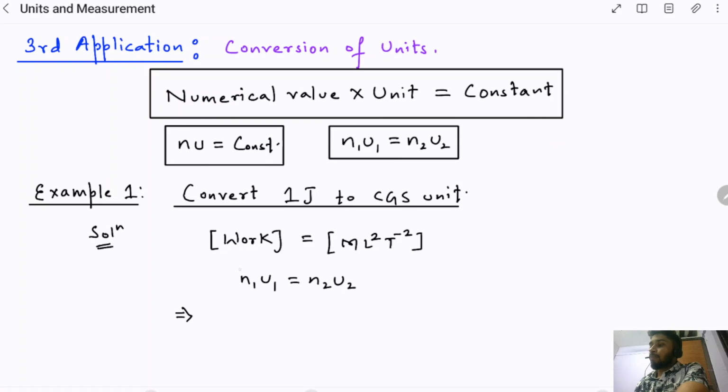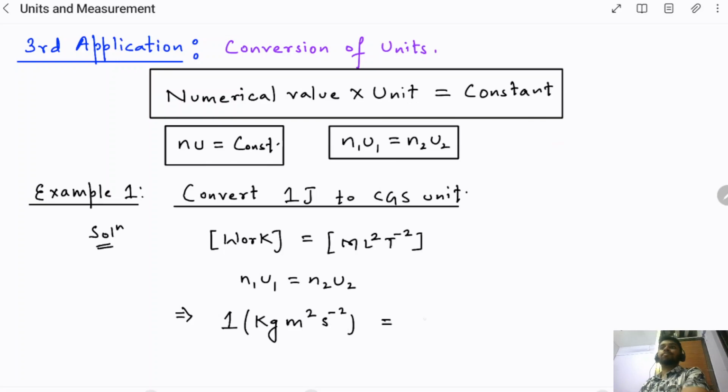We are converting 1 joule, so n1 becomes 1, and in place of u1 we need to write the SI units of the base dimensions on which it depends. For example, the SI unit of mass, that is kg, then the SI unit of length, that is meter, and for time, that is second.